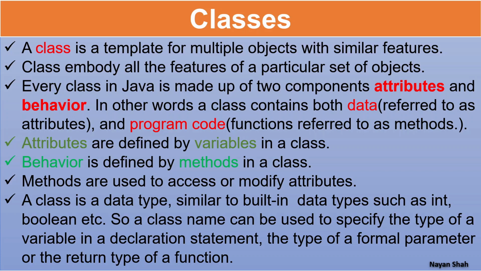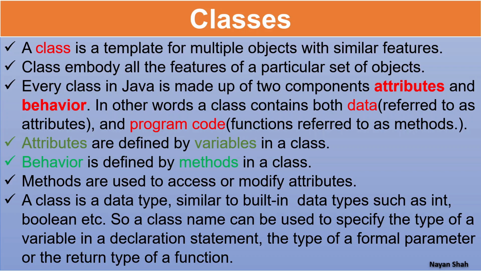It can also specify the type of a formal parameter or the return type of a function. So a class can be used as a variable in a declaration statement, or it can also be used as a formal parameter. Formal parameters are the parameters written after the method or function within brackets.